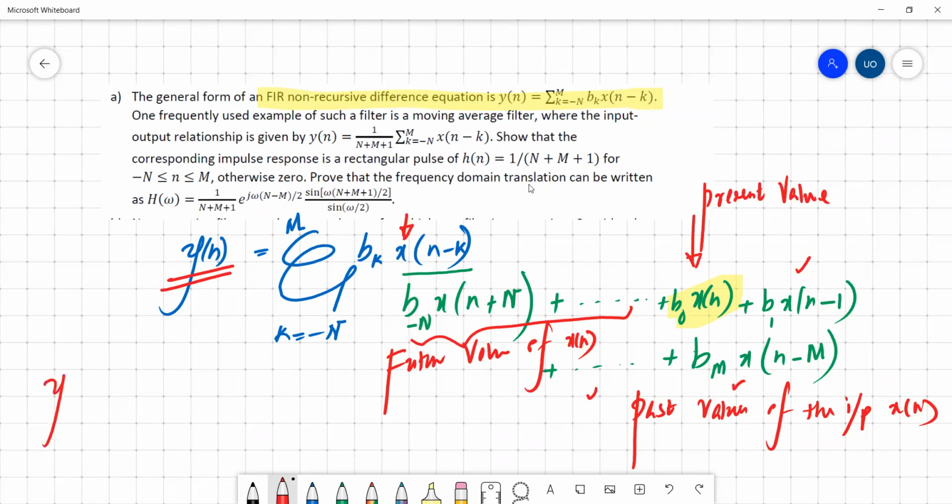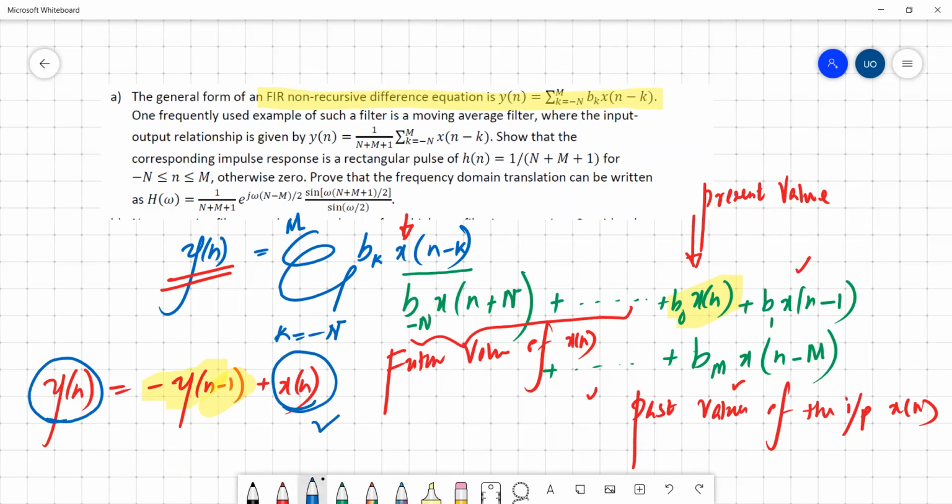For example, if you have this kind of a term in your system response, here this is your output, it depends on the input, yes, and in addition to the input it depends on the previous state of the output.